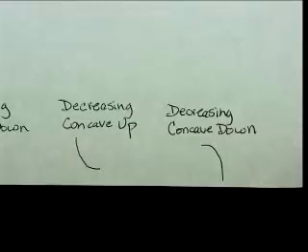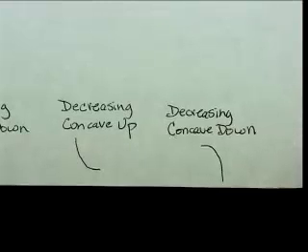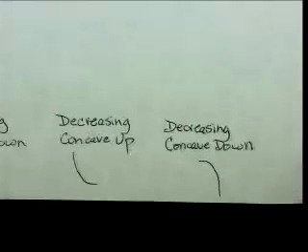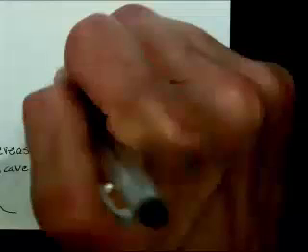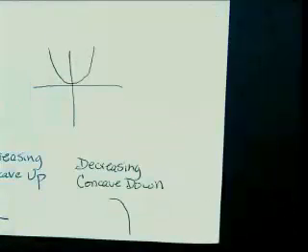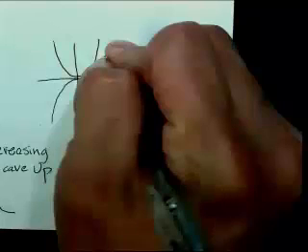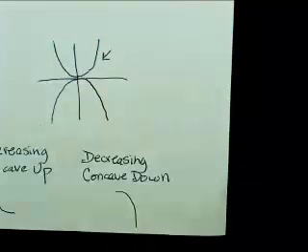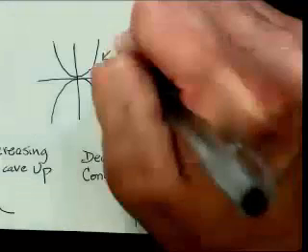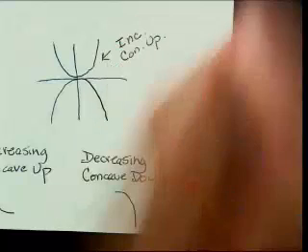Now, actually, I love it when I'm thinking of new ways to explain things, and this just struck me as perhaps helpful. If we graph y equals x squared and y equals negative x squared, what do we have in the first quadrant? Which one of our four down here? Increasing concave up. What about the left half of y equals x squared?